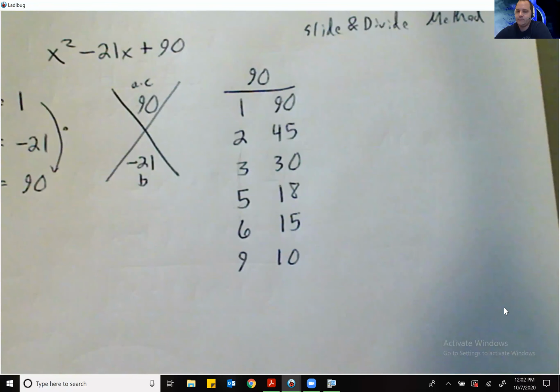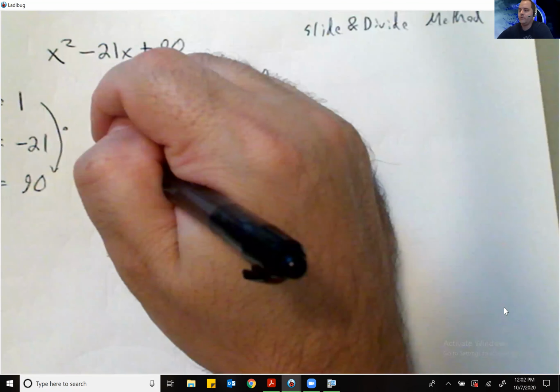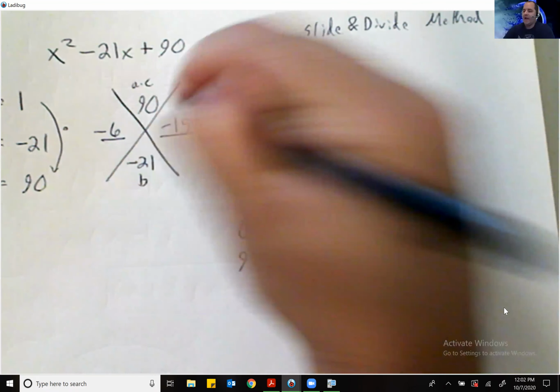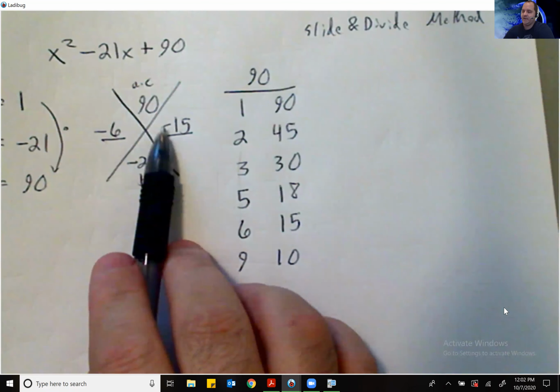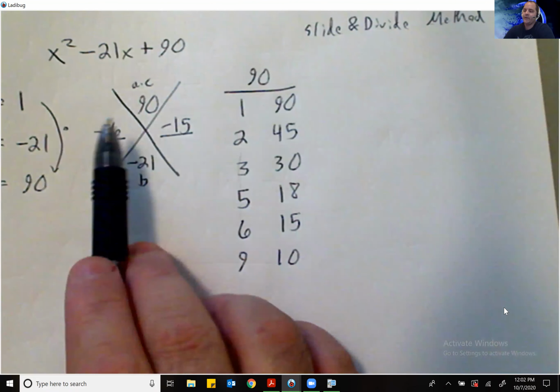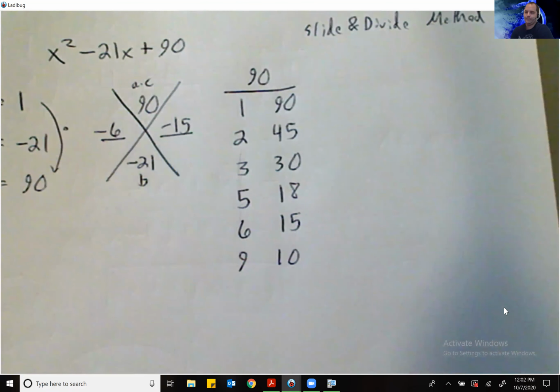Who does it? 6 and 15. How do the 6 and 15 give me a negative 21? It's negative 6 and negative 15. There you go. Negative 6 plus negative 15 is negative 21. And negative 6 times negative 15 is a positive 90.